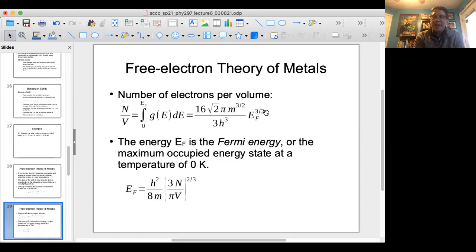And so you have a complicated function of the Fermi energy. It's equal to h squared divided by 8m times (3n over pi v), where again n over v is the number of electrons per volume, and that's to the 2/3 power.